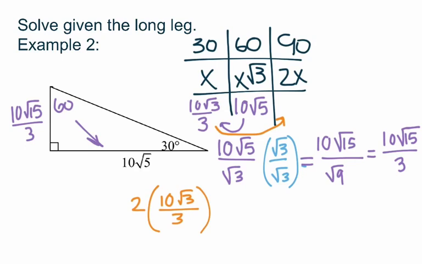Okay, so 10 square root of 3 divided by 3, and we're multiplying that by 2 to get the hypotenuse. Okay, so remember, anytime you're multiplying fractions, we go across the top. So 2 times 10 is 20, and then we have the square root of 3. 1 times 3 is 3. Okay. 20 is not divisible by 3, so that's going to be our answer for the hypotenuse. So 20 square root of 3 divided by 3.